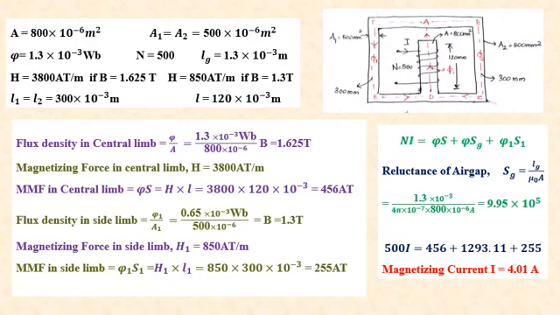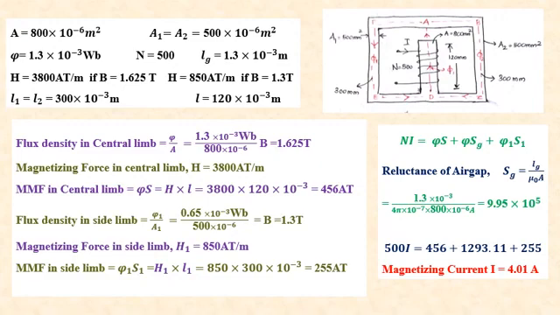Then the next thing to keep in mind is to always mark the flux in the limb where the coil is wound as phi, and the flux in the other paths as phi1 and phi2.